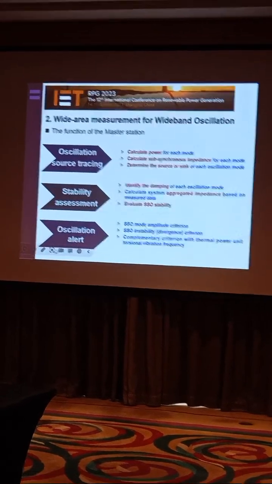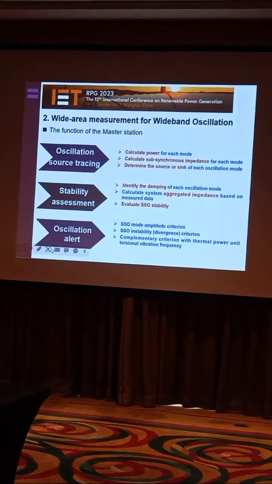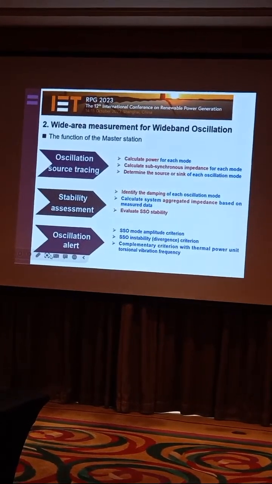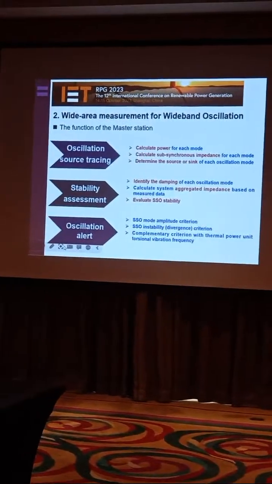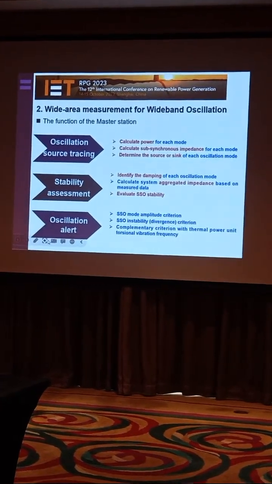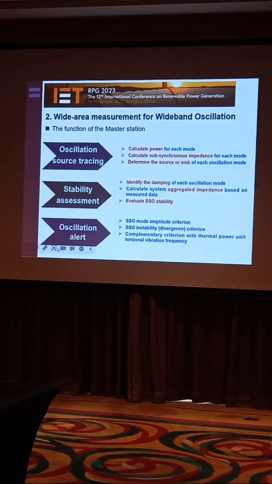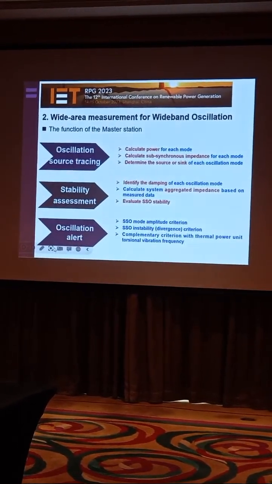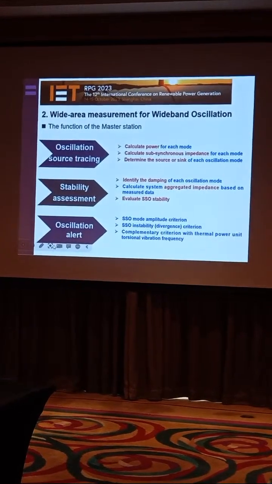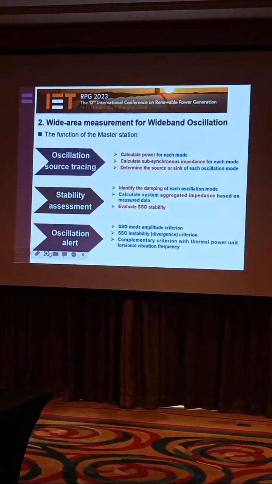Oscillation alert: when instability is detected, determine whether there is a risk of oscillation according to the oscillation criteria and issue an alarm. Through these functions, the master station can provide data support for sub or super synchronous oscillation protection and control.